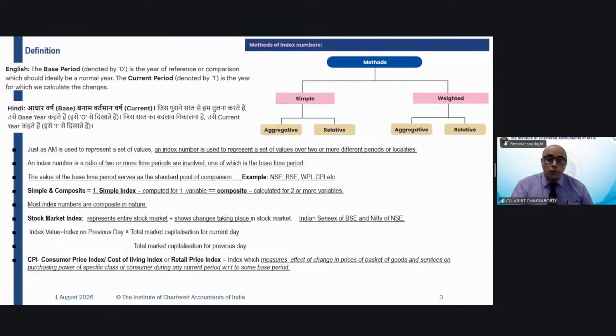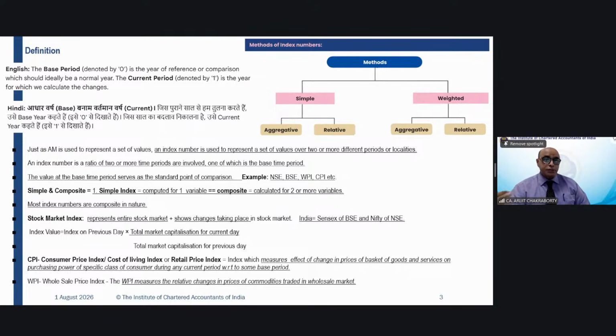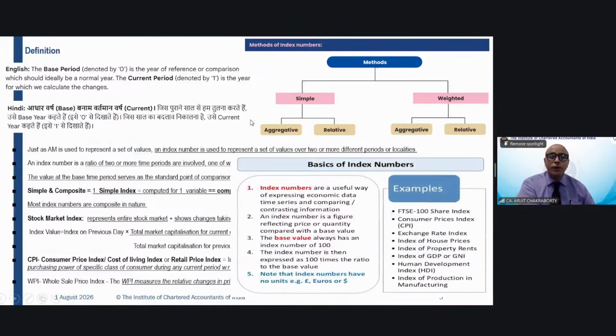And this is also linked with the purchasing power of an individual. Therefore, here also the current year's value is compared with the base year value. So this is how we can see the practical applications of index numbers, both in economics as well as in the world of the stock markets.